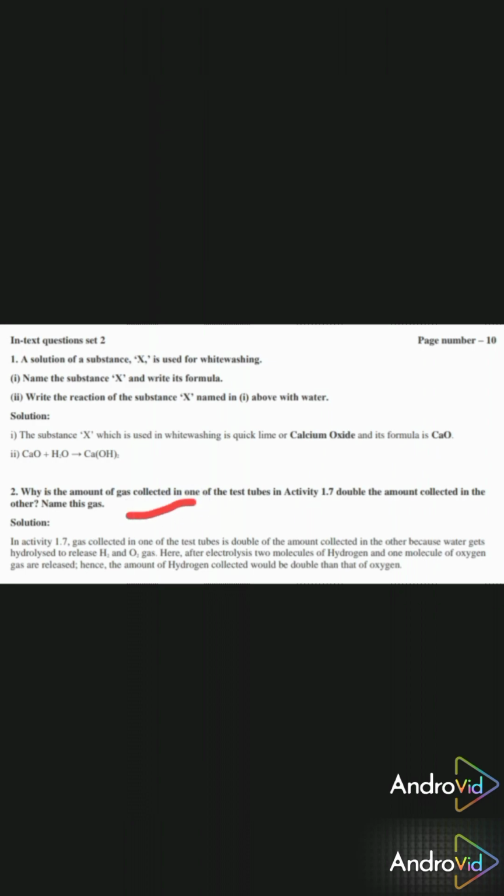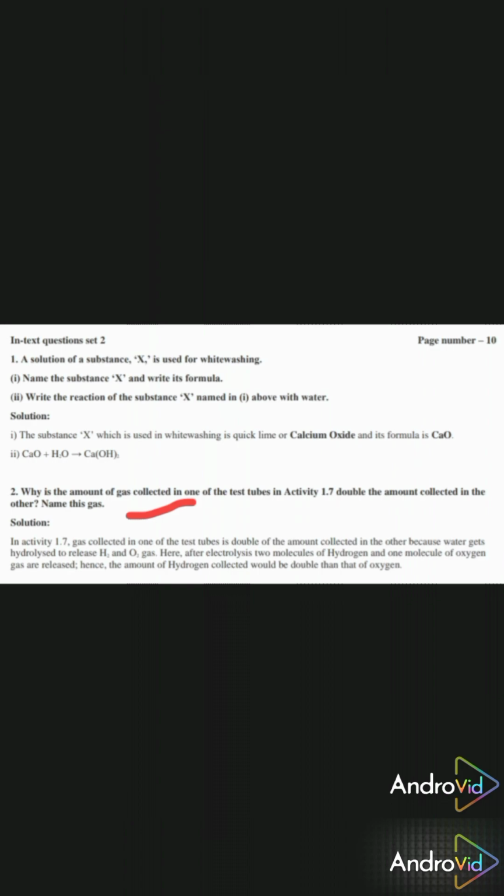So in activity 1.7, the gas collected in one of the test tubes is double the amount collected in the other. Why is it so? Water is getting hydrolyzed to release hydrogen gas and oxygen gas.